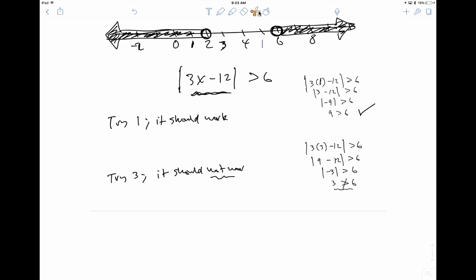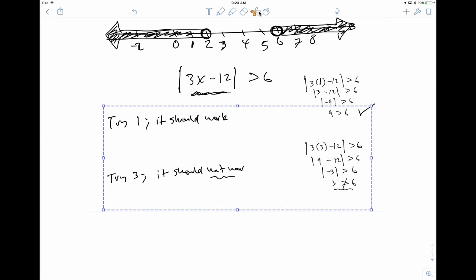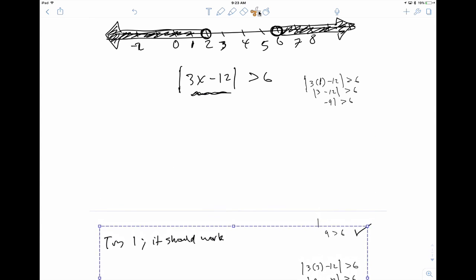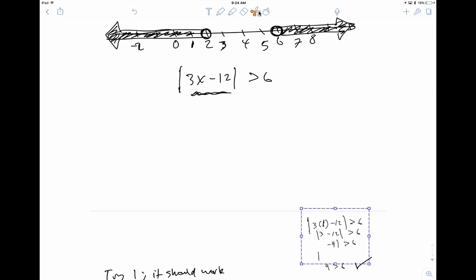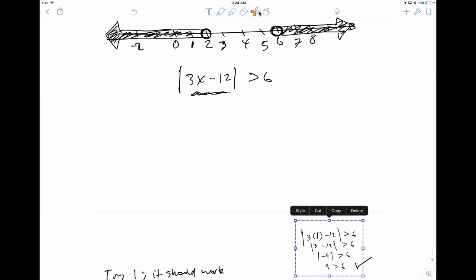So let's try a couple of numbers on the right-hand side of the graph. Let's try 7 and 5 as logical choices. So I'm going to move all this over, okay, here we go.